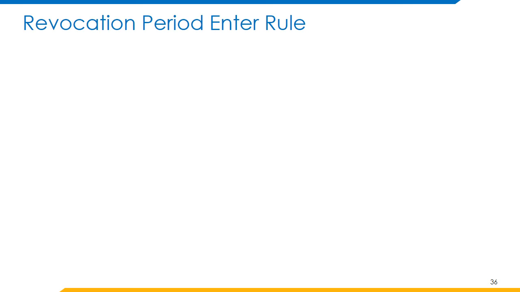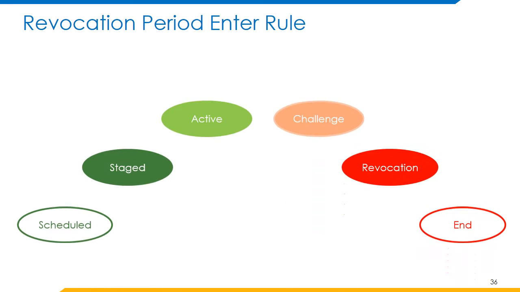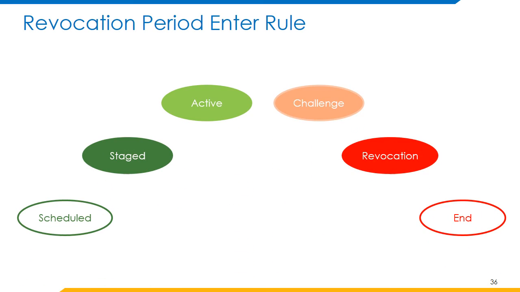Revocation period and revocation period enter rule. After the challenge phase, we come across situations where revocation of various access privileges need to happen. Such phase is called revocation phase.